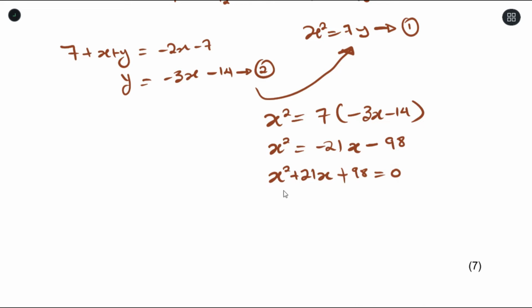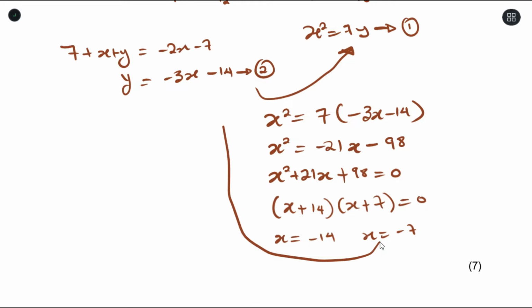Okay, so since it's a quadratic equation, which happens to be a trinomial, we can factorize this and you'll get... there you go. So the answers for x are x is equal to negative 14 and x is equal to negative 7. Now to get your values for y, we need to take these two values and substitute them in there, right?